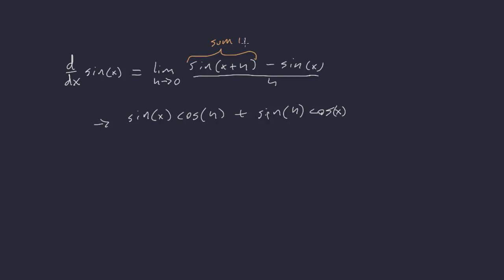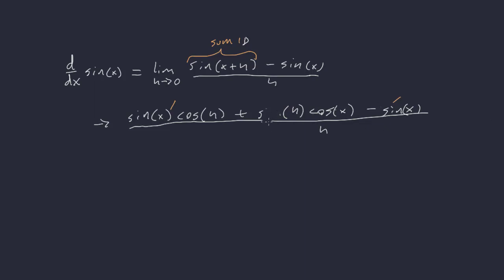If you don't remember the sum identity, it's definitely something that you can look up. All right, and then we still have that minus sine x, and the whole thing's over h. So what I'm going to do from here is collect the sine x cases and split off the other piece.